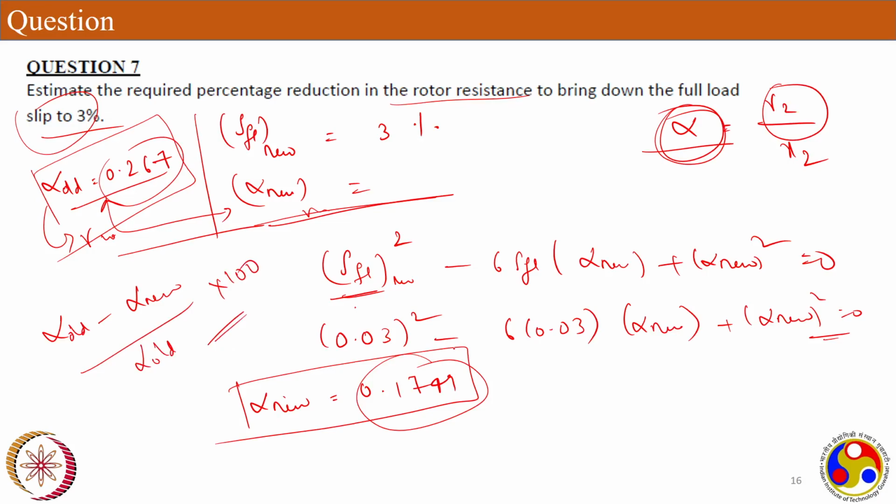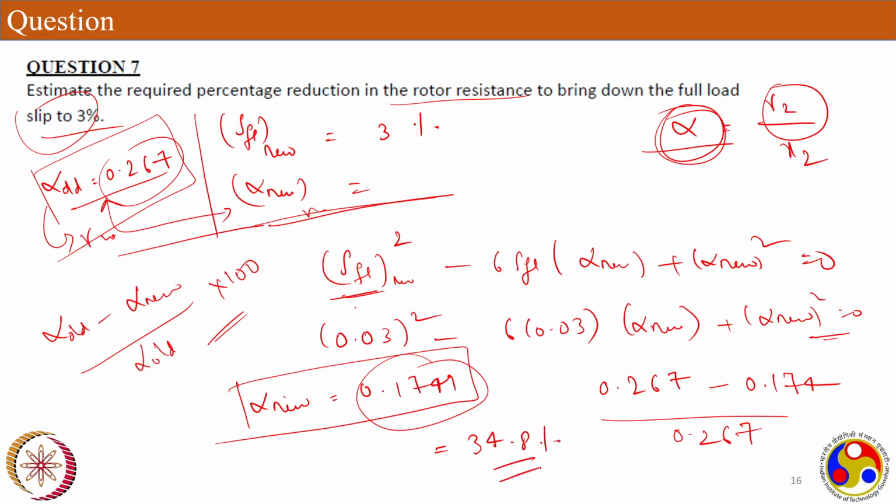So calculate 0.267 minus 0.174, divided by 0.267. It will be around 34.8%, you can write it.